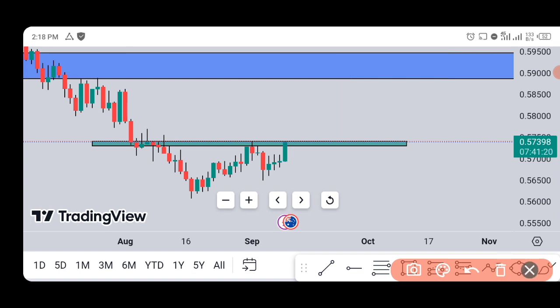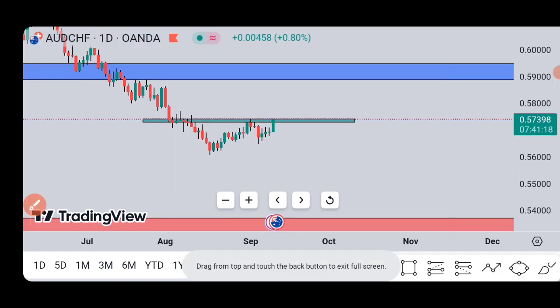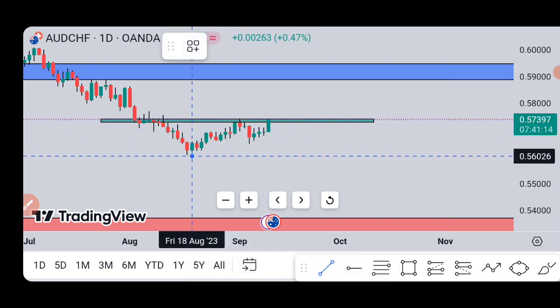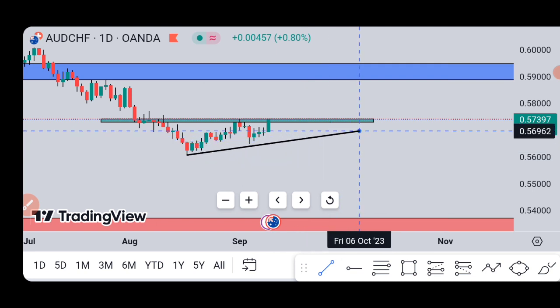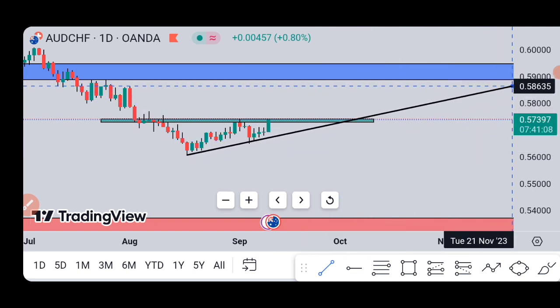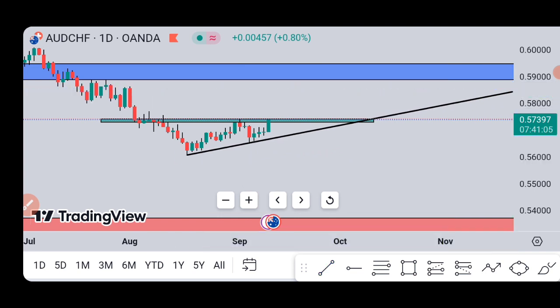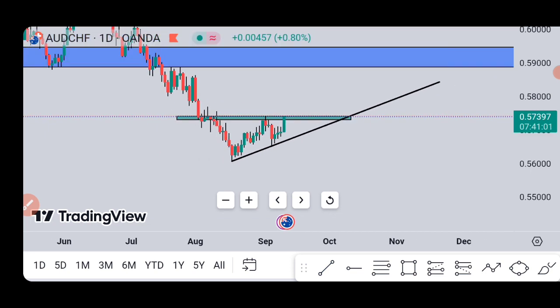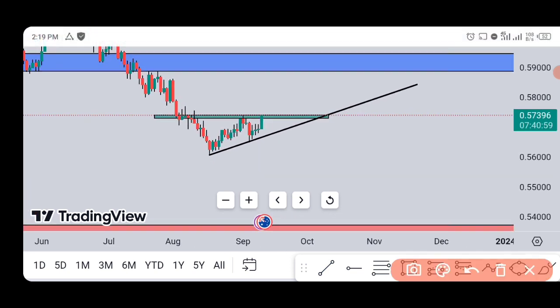Now if I should draw my CTL, this should be my CTL on this trade, something like this on my daily time frame. So for the market to get to this zone, the market will not just go straight.